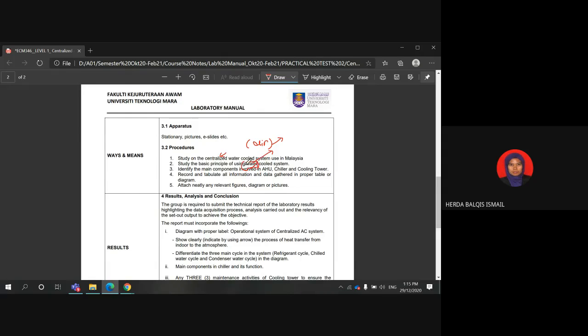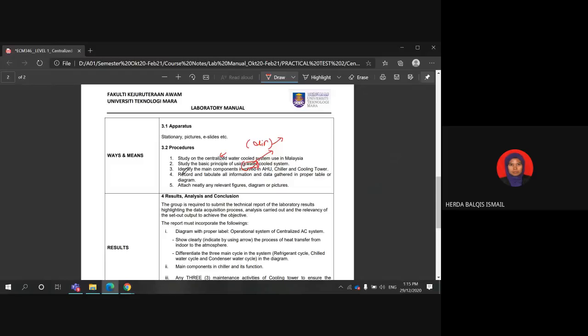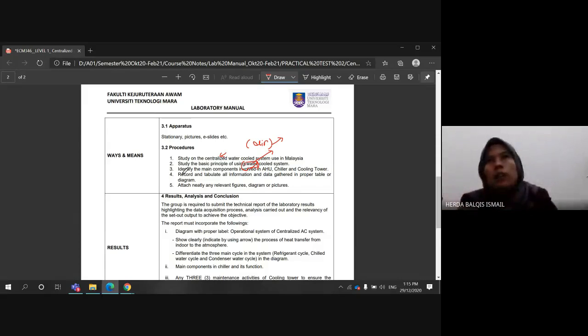So basically, the importance of knowing the main components of whatever mechanical system has been installed in the building is this: when you know the basic function of each main component, you can connect or integrate the components.